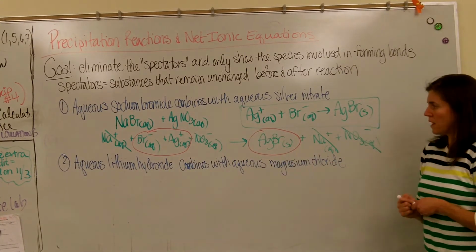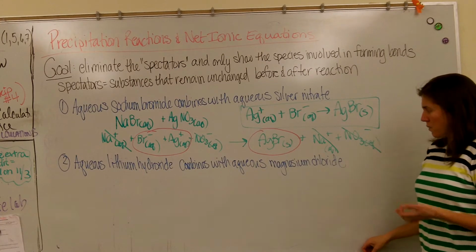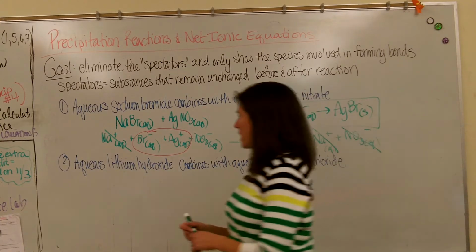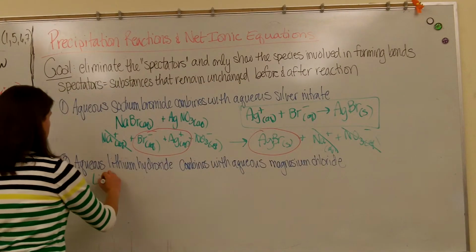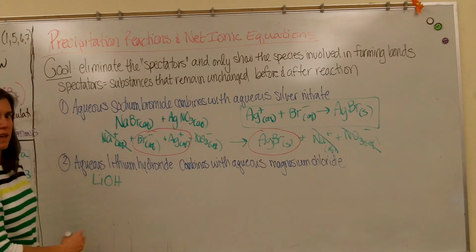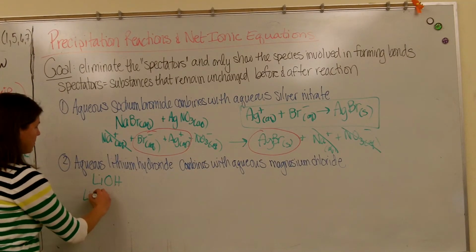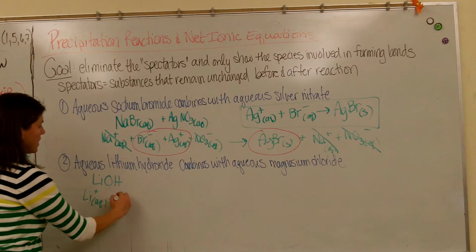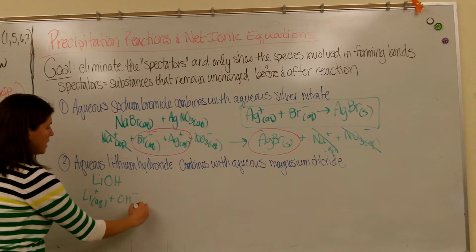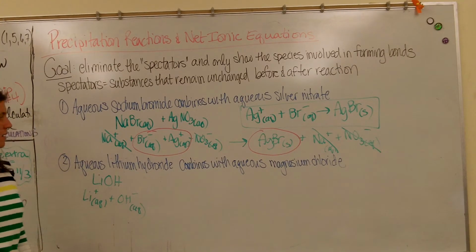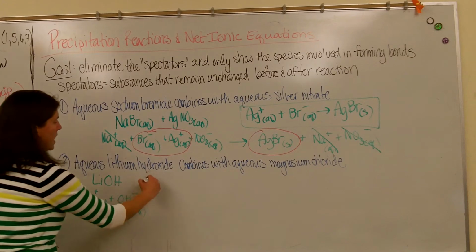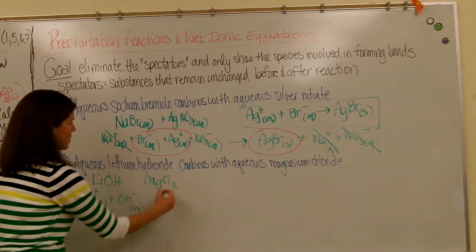So let's try another one with lithium hydroxide. Lithium hydroxide looks like this. In reality, when it's dissolved in water, it's going to be split apart into lithium and hydroxide ions. Magnesium chloride is MgCl2.